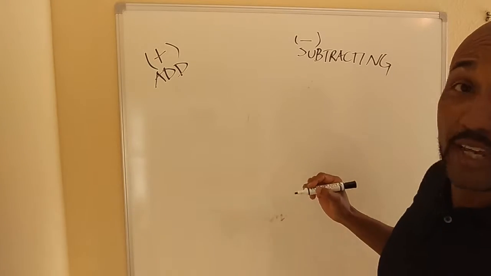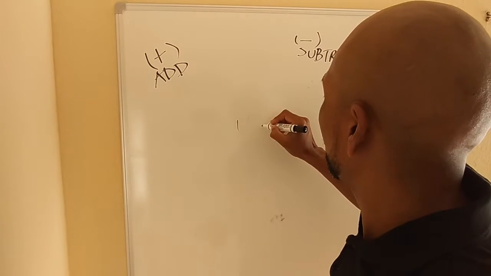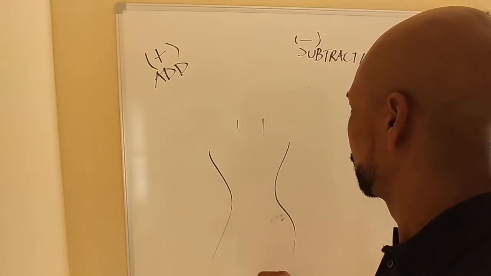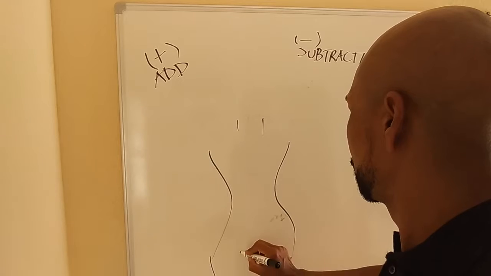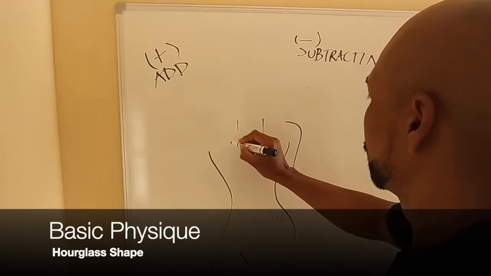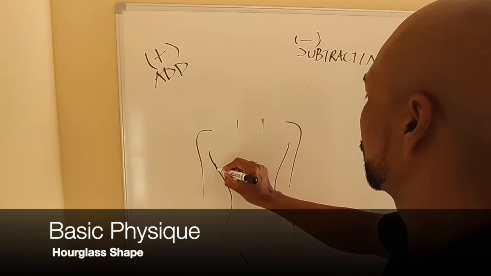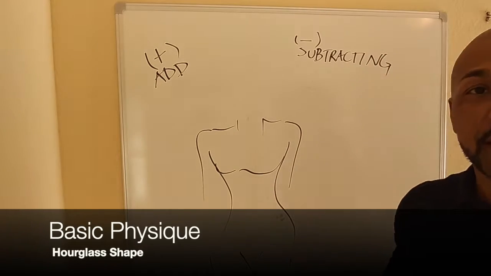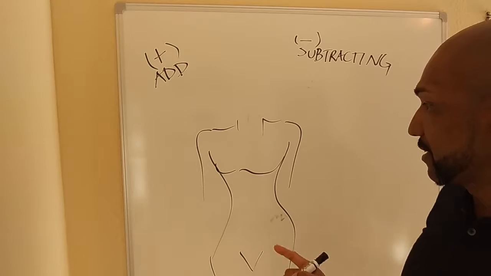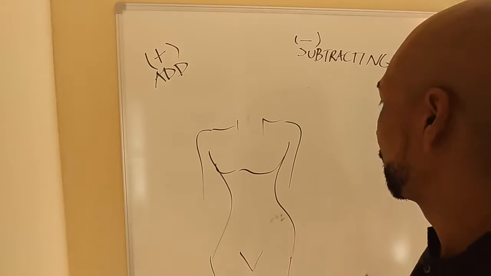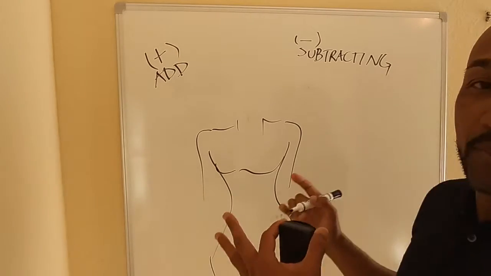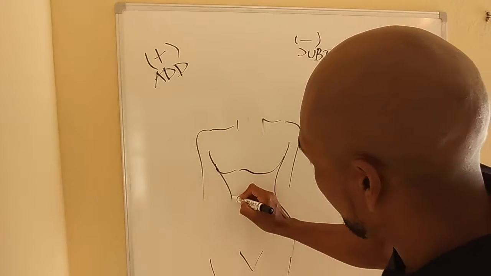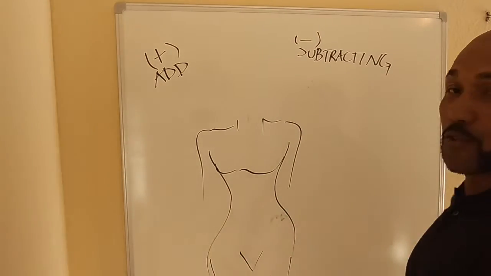So the first thing to look at is the basic concept of what a physique is and what a woman's really looking to do. Alright, so we take the basic hourglass shape, the basic physique.